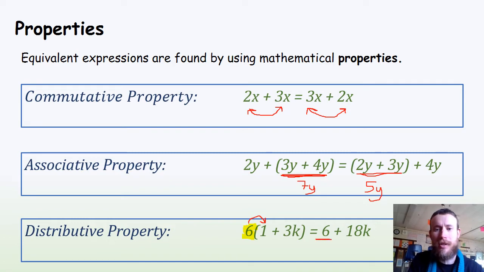That's our first term. And then we distribute the 6 over here as well. We multiply it twice or even 3 times. 6 times 3 is 18. So 6 times 3k is 18k. And this distributive property allows us to expand. This is called expanding this expression on the left, removing the parentheses through multiplication.